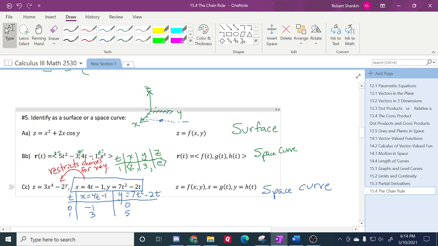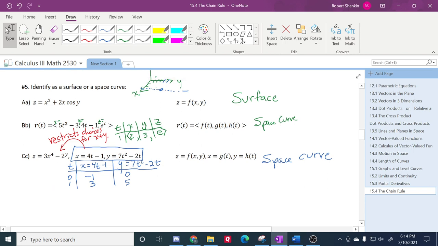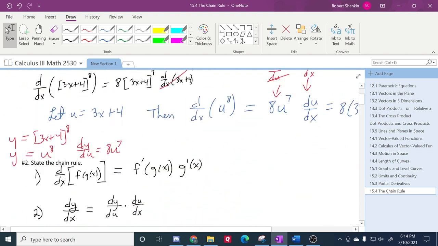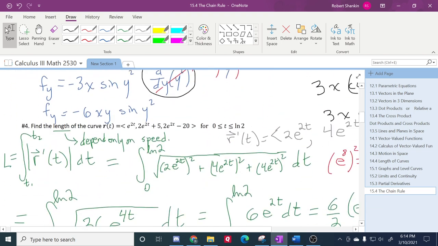It's tricky in here, but it's pretty important to get this idea to understand what we're going to do today, chain rule in 3 space.